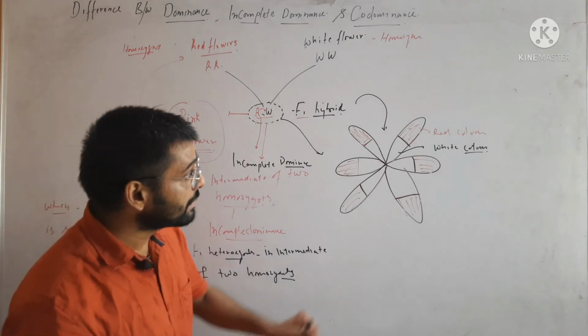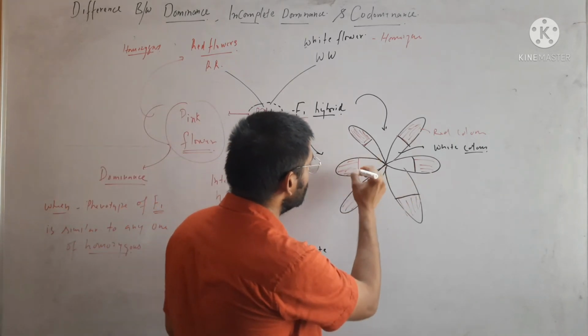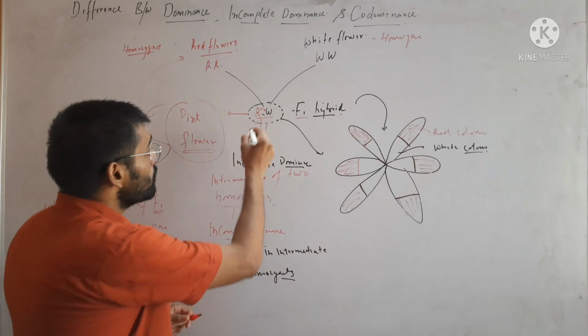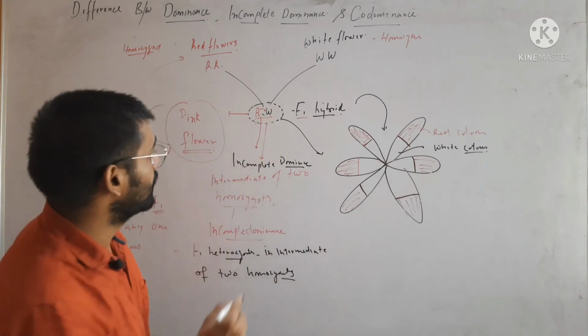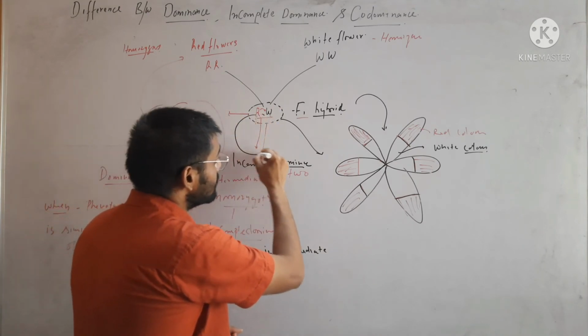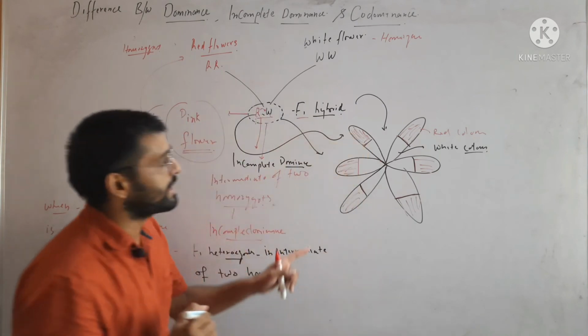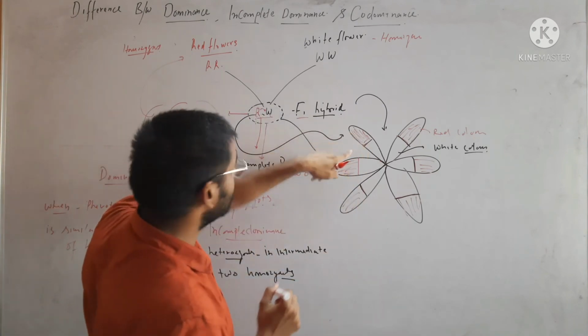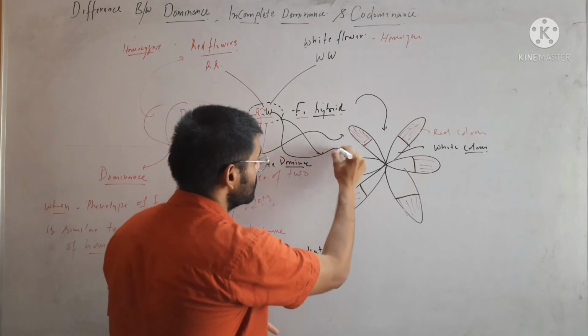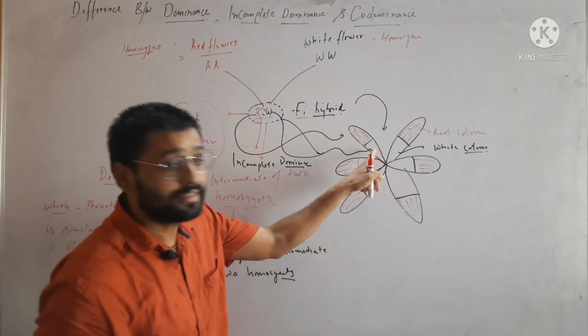Then from this we can conclude that both alleles are expressing themselves. This allele that causes red color is expressing here, and this allele that is causing white color is expressing itself there.